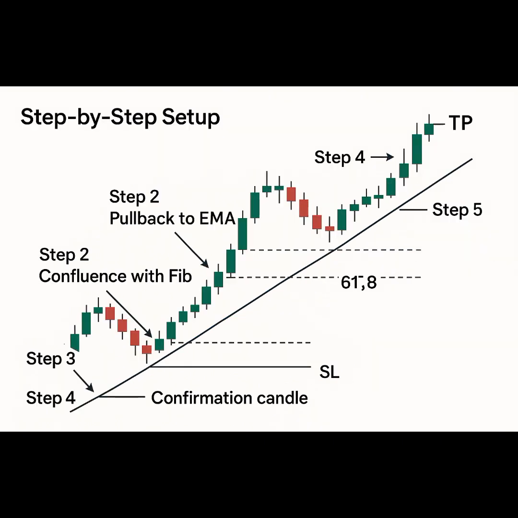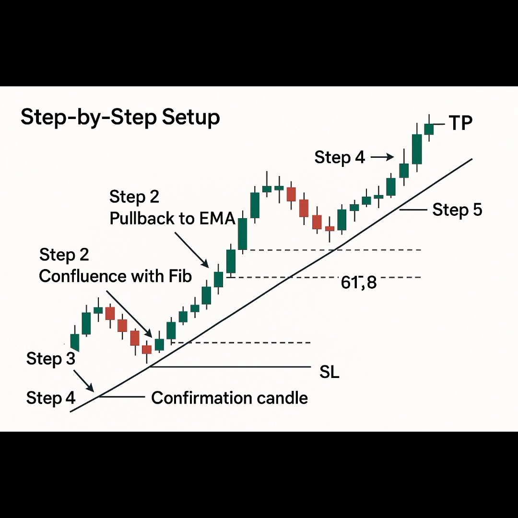Here's a step-by-step plan to forecast and enter a continuation trade. Step 1. Identify the dominant trend using market structure and EMAs. Step 2. Wait for a clean pullback. Price should move against the trend slightly. Step 3. Use tools like trend lines or fibs to mark possible reversal zones.